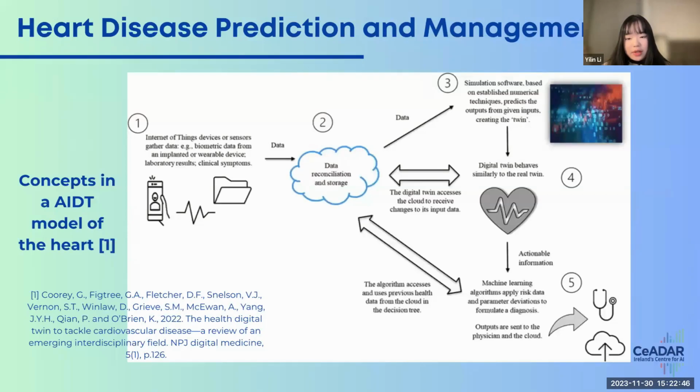The model is accessible on the cloud, receiving real-time updates and changes to the input data. This means the twin model changes as the patient's condition changes, so the simulation results remain accurate over time.